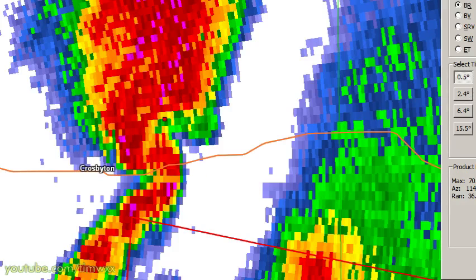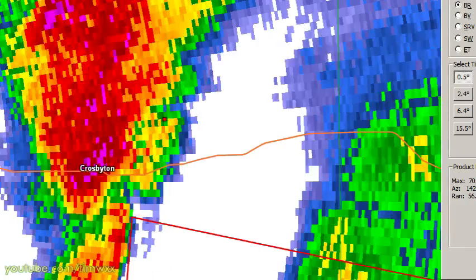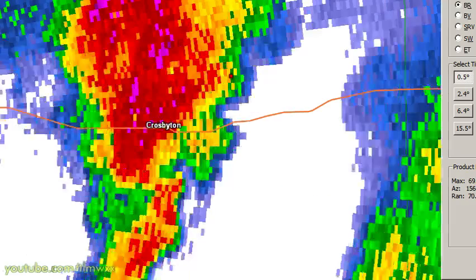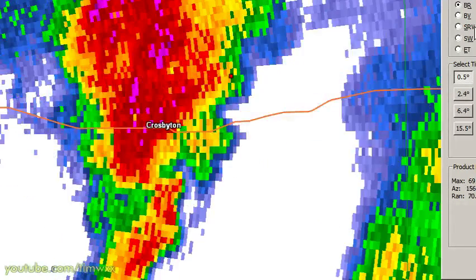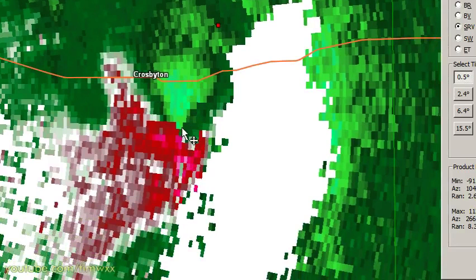Then going back further, this is what the cell looked like about, let's see here, about 20 minutes ago. So there's our cell earlier, about 20 minutes ago, pretty good meso.